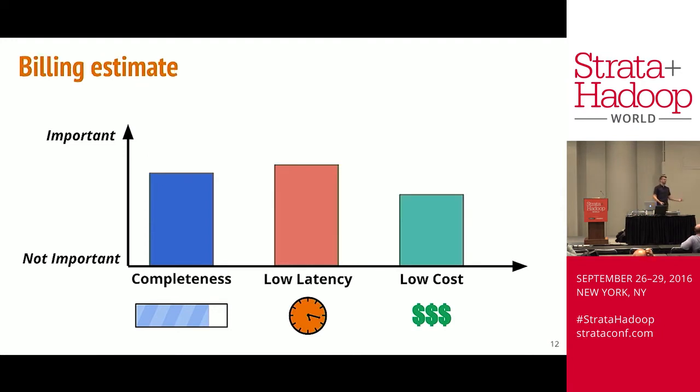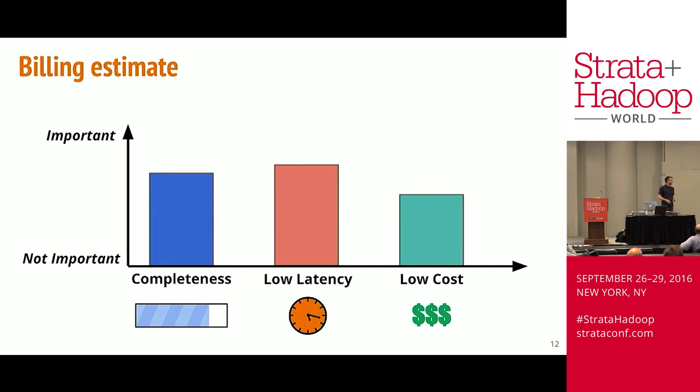But say we wanted to give users a running estimate so that there's not a surprise at the end of the month when their bill is huge. Well, all the bars change a little bit. The blue bar for completeness comes down a little bit because we're probably comfortable with slightly less than complete data, and we certainly want to give outputs without utterly complete data, but even if it's not up to the minute that they query, that's fine.